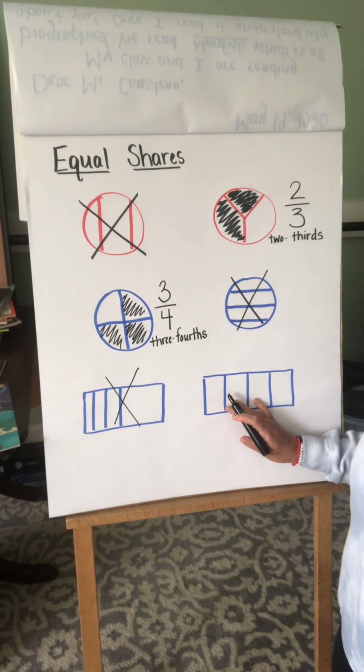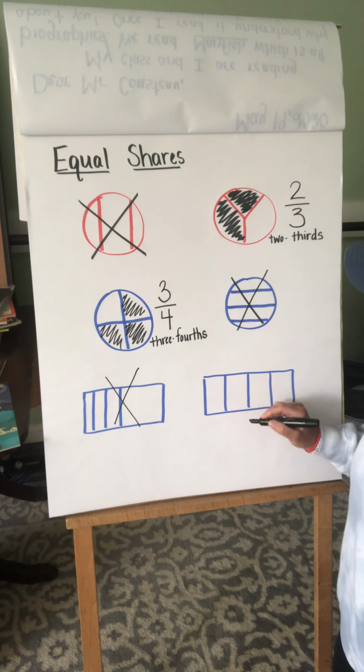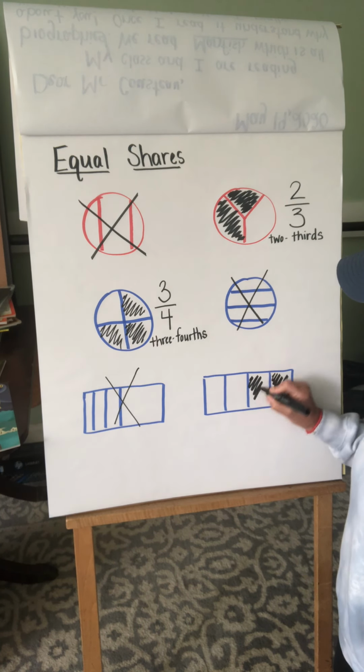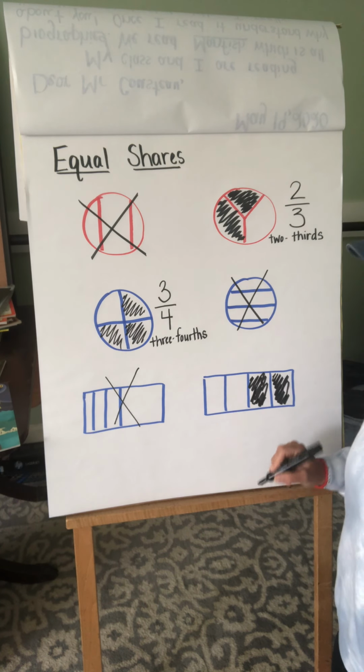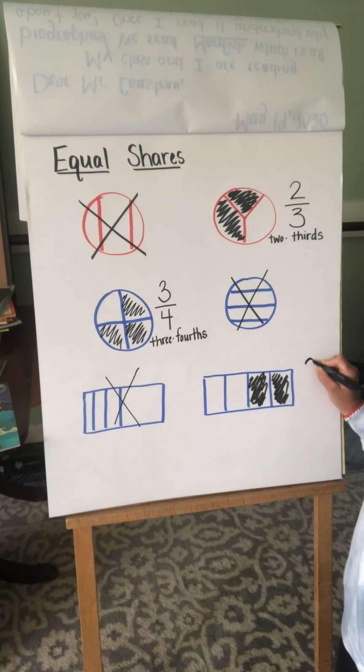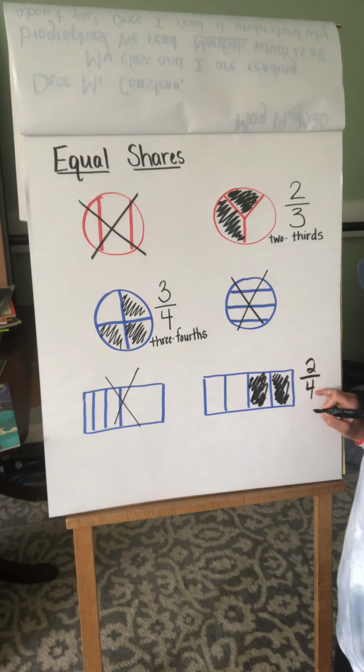This shows equal parts, correct? And let's say that I gave this part and this part to Aiden. Now I can say that I gave him 2 out of the 4 parts, which is 2/4.